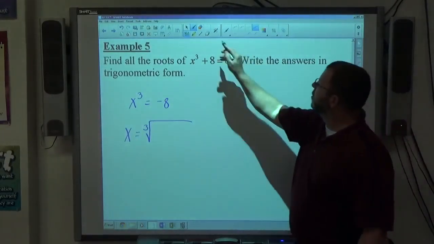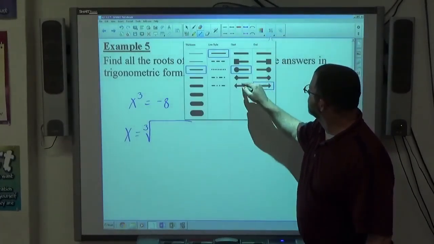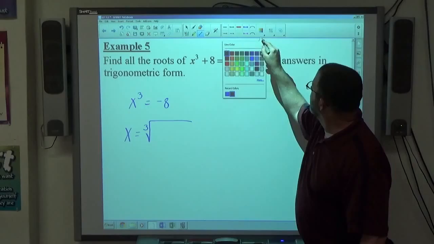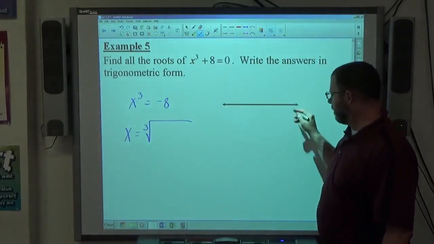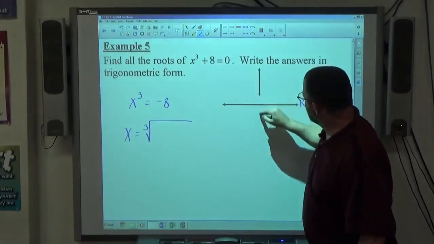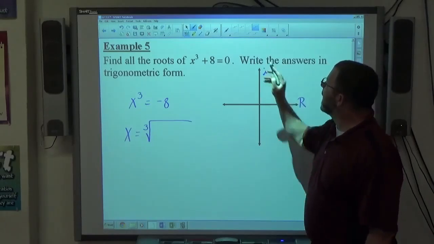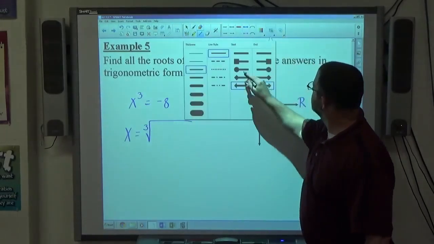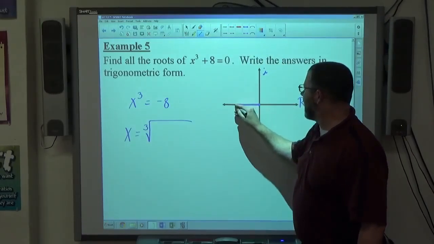And this goes back to something we discussed last week, where if you imagine the complex plane, the real axis goes left and right, and the imaginary axis goes up and down. If I'm looking at the number negative 8, it looks like that.